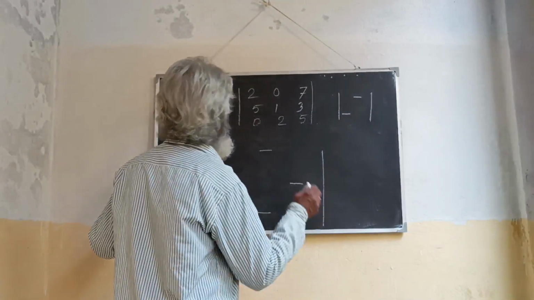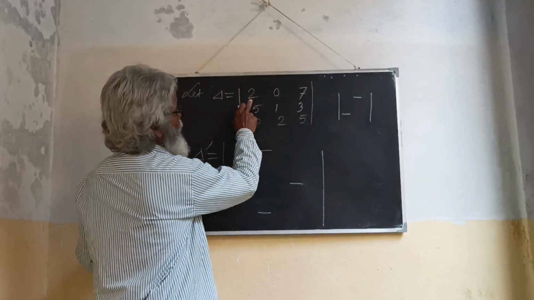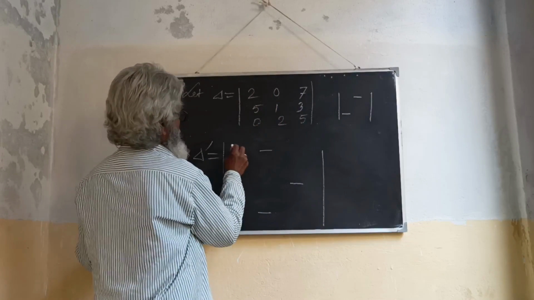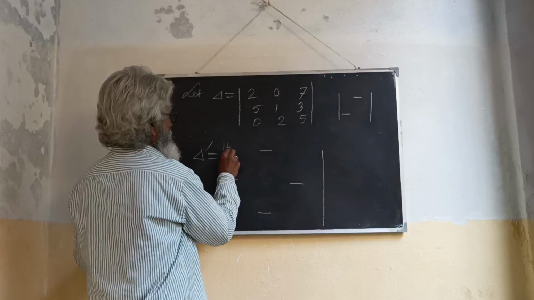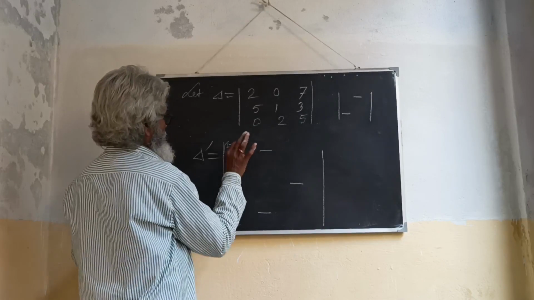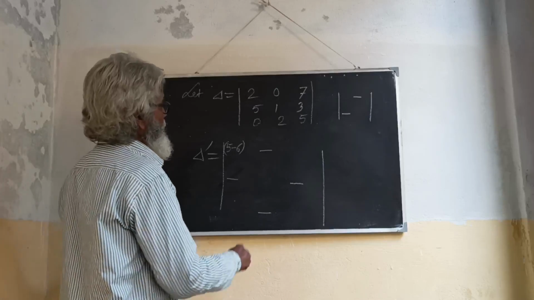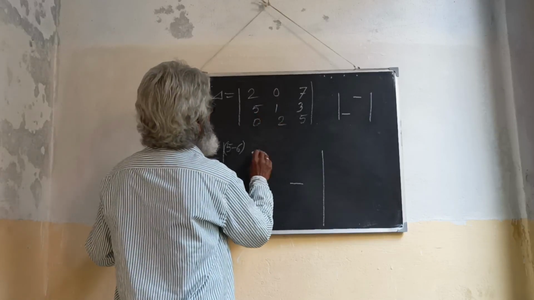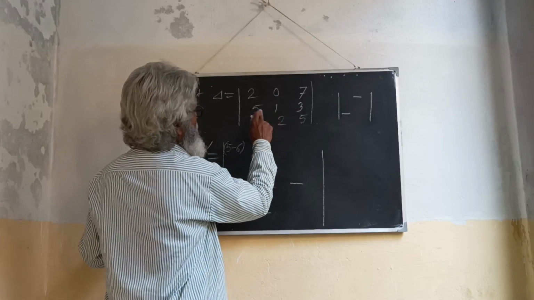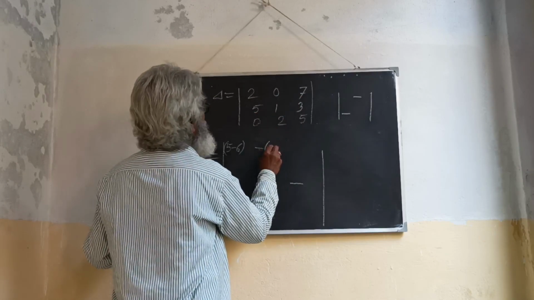Okay? Now, for 2, 5 minus 6, you write here 5 minus 6. For 0, omit this, 25 minus 0.